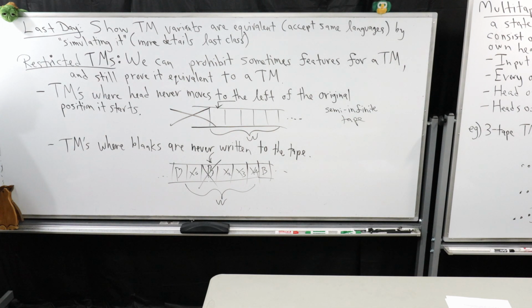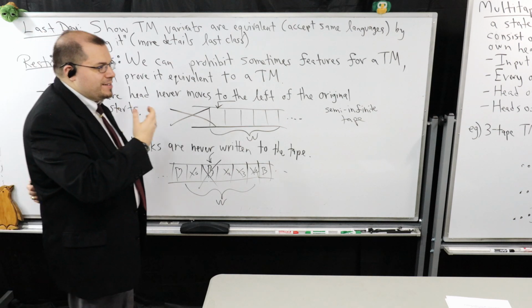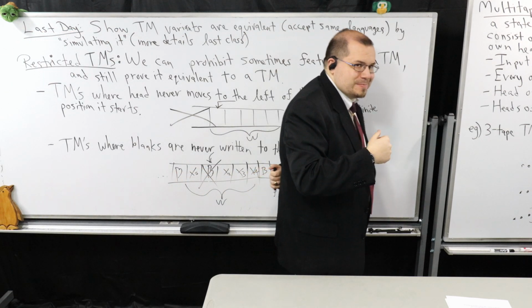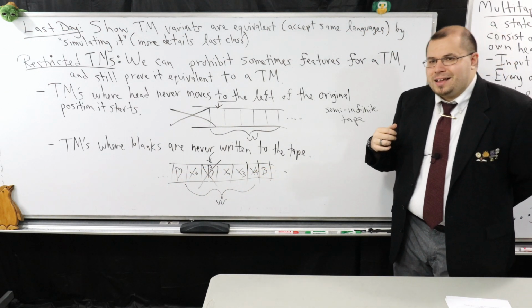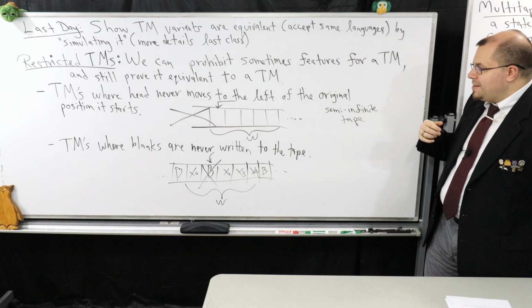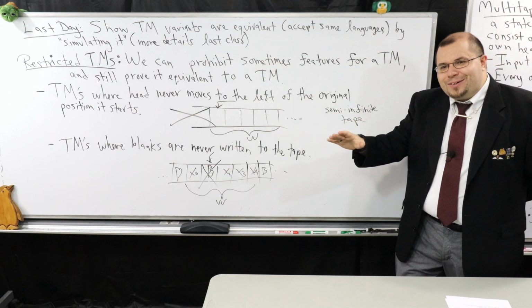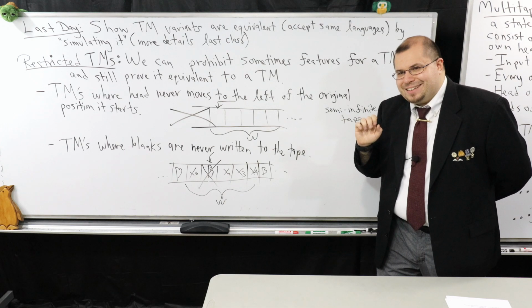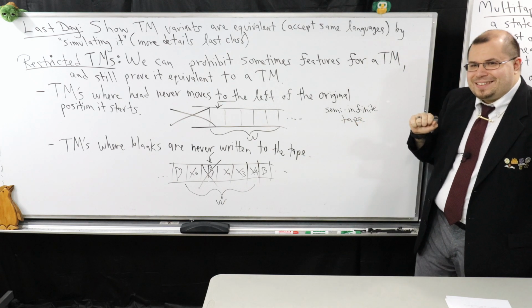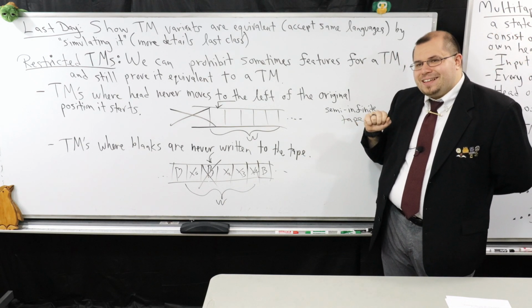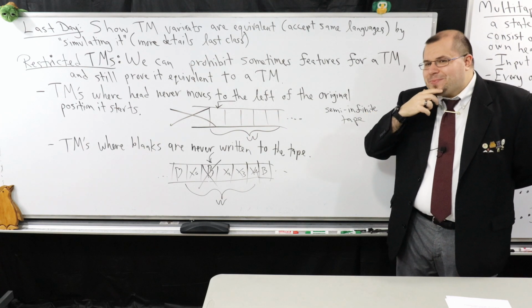Remember, I get to choose how the Turing machine that's going to simulate this looks. So instead of a blank, what should you do?